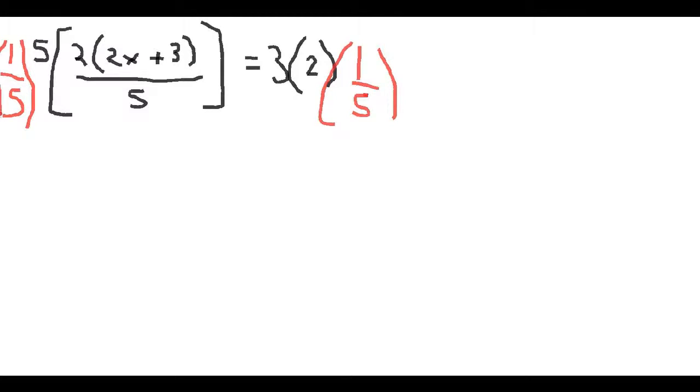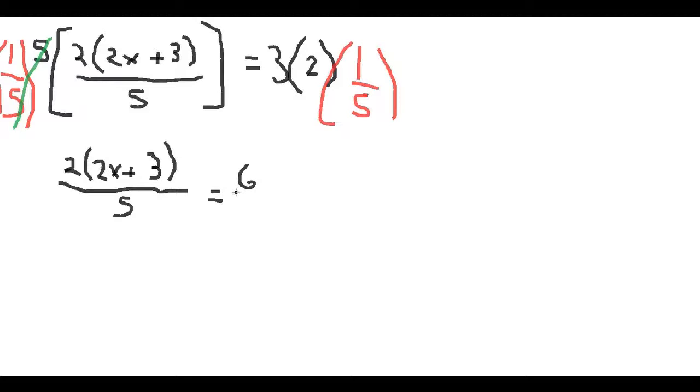So what happens is this cross cancels. Did you see that? So now we don't have to worry about those big parentheses anymore. Now we're left with just 2 times 2x plus 3 over 5 equals, well, we'll simplify this 3 and 2, so 3 times 2 is 6 over 5. That's much easier to deal with now.